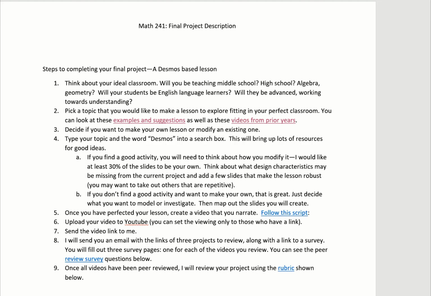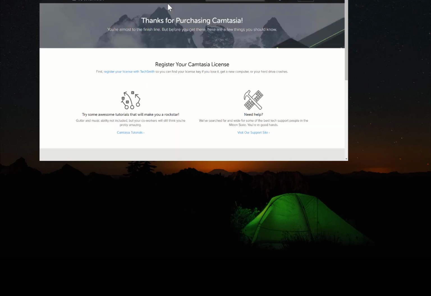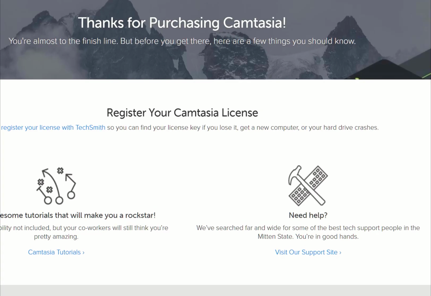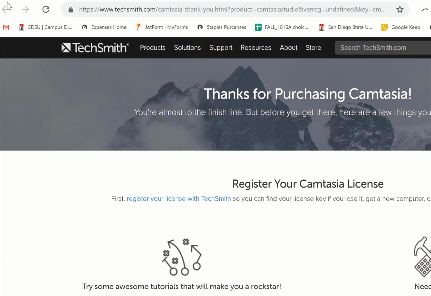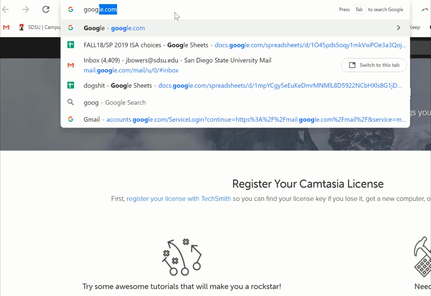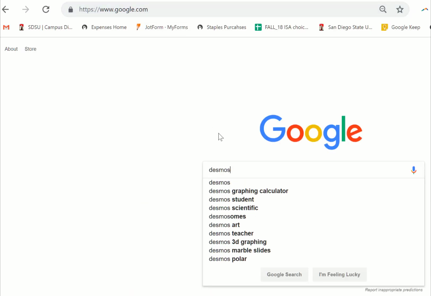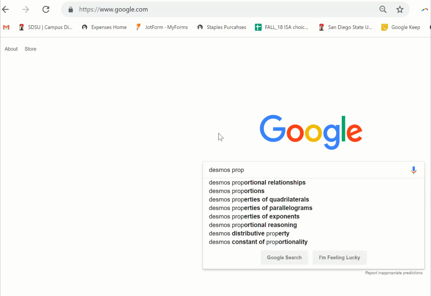Another way is to just go to Google, google.com. I'm going to move this up so you can see. Then I might type in something like Desmos, let's just say I want to do proportional reasoning.